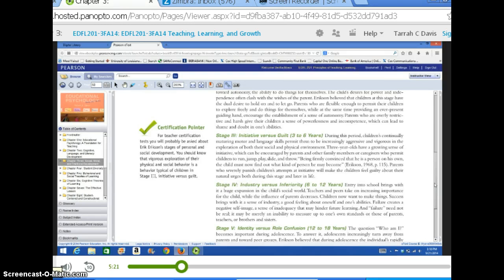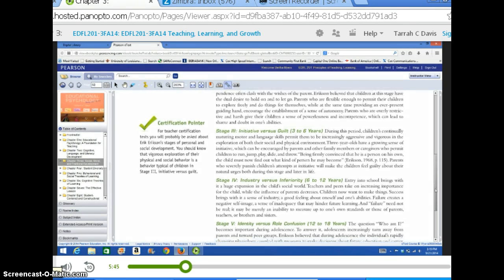Parents have to allow children at this age to experiment and try to get dressed on their own, climb the slide, and do things more independently. Because if you don't allow children to experience this stage, they begin feeling that they'll never be good at anything, and they may not feel confident later in life.